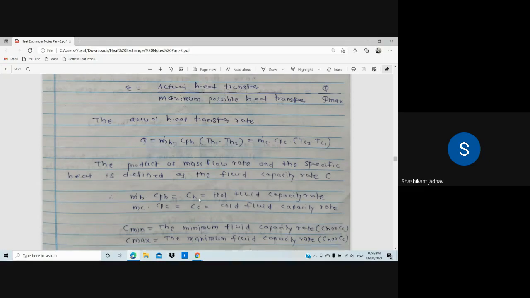Already we know what is meant by the product of mass flow rate and the specific heat; that is nothing but the heat capacity of that particular fluid.